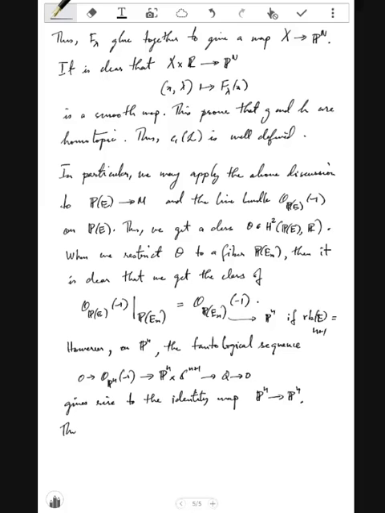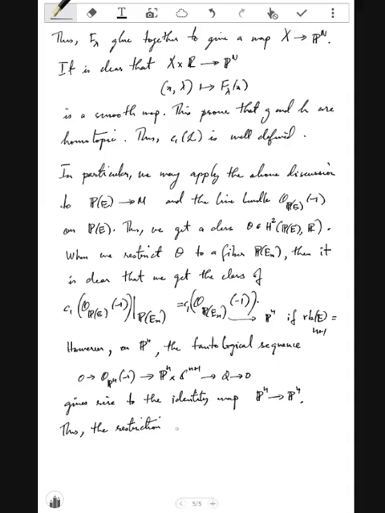Thus, the restriction, so I should write c_1 of this thing is equal to c_1 of this thing.